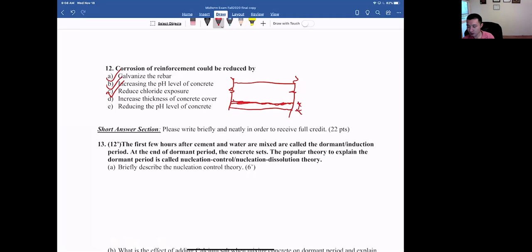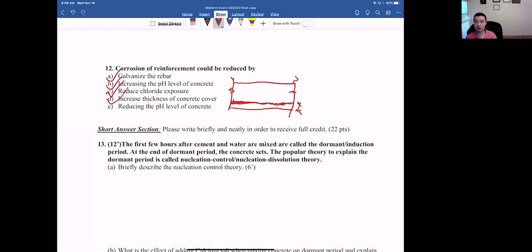Because concrete has a high pH level, and concrete can also reduce the penetration of air and water to touch the reinforcement, increasing the thickness of concrete cover will definitely reduce the potential for corrosion.